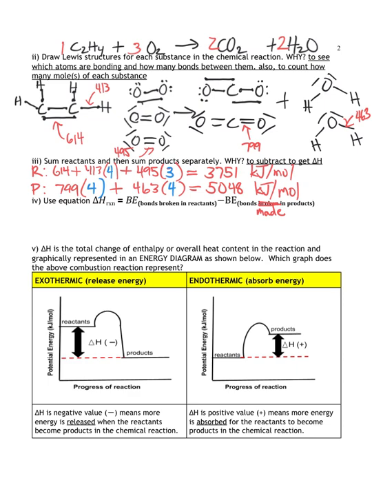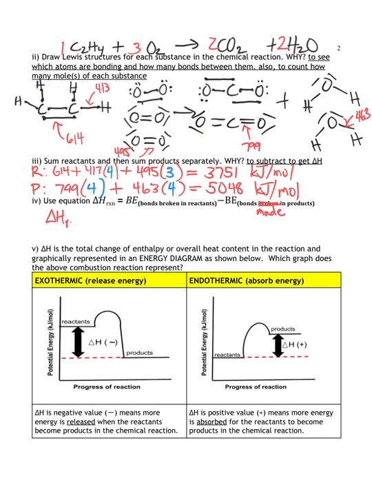So ultimately, when you break bonds, it requires energy. So it's a positive value right here. Whereas when you make bonds, you are releasing energy. So that's why it's a negative value in front here. It's subtracted.